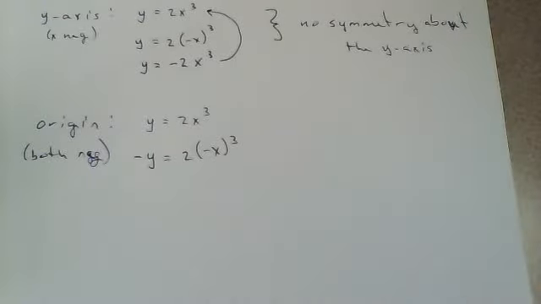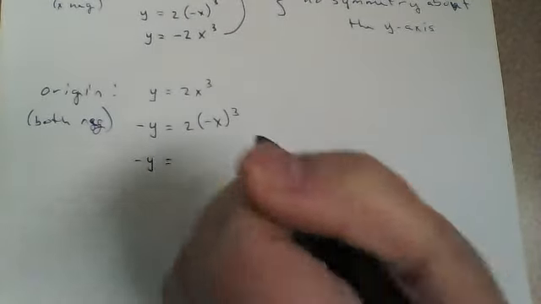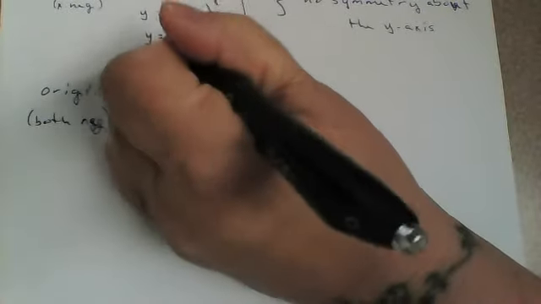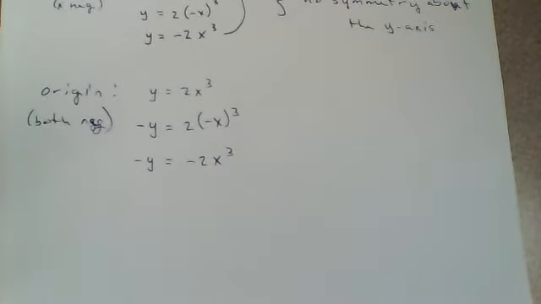And if we look at this, we can go, okay, well, negative y equals, again, this just gives us negative 2x cubed.